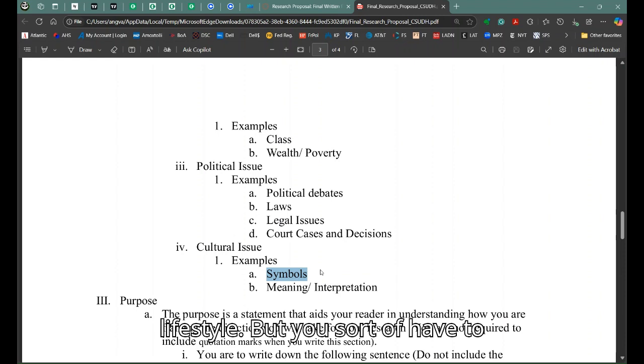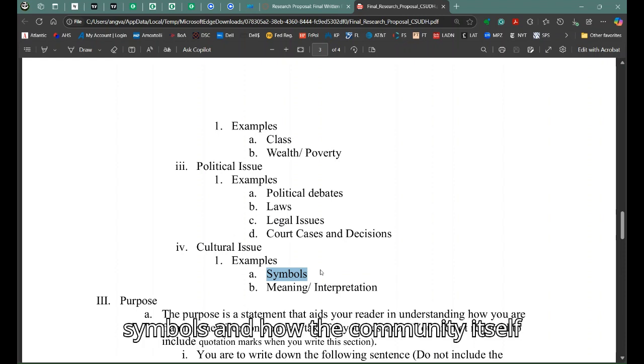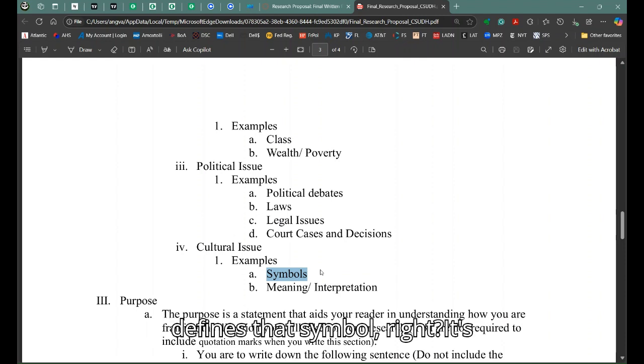But you sort of have to pay attention to the meaning of the symbols and how the community itself defines that symbol. Right?